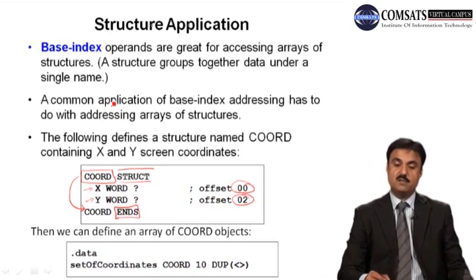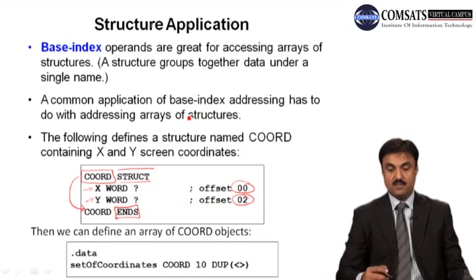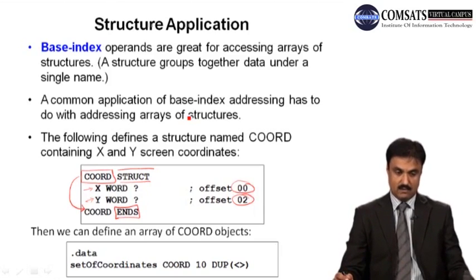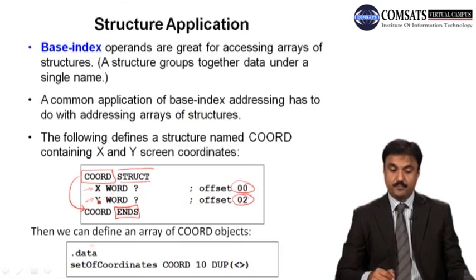So the common application of base index addressing has to do with addressing arrays of structures. We will see how we can access arrays of structures. Here you can see one example of a structure, and this is the structure definition, and then we declare the variables.